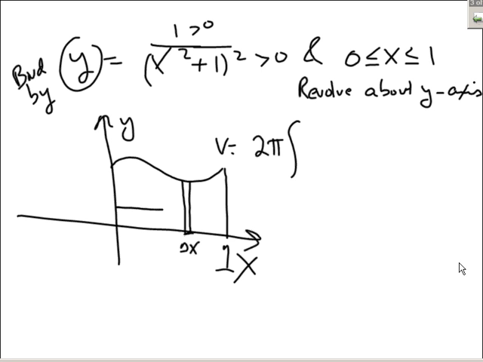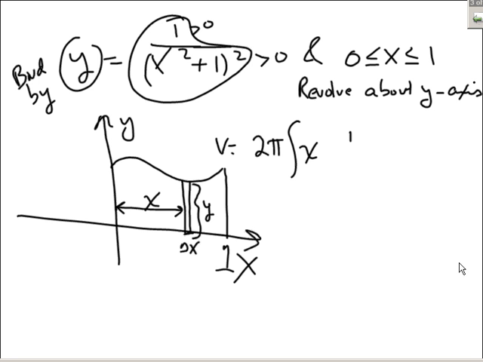The radius is the distance between where we are revolving around, the y-axis, and the strip. Well, that's just x. And the height of this strip is just y, or this, 1 over x squared plus 1 quantity squared times dx. And x is going between 0 and 1.